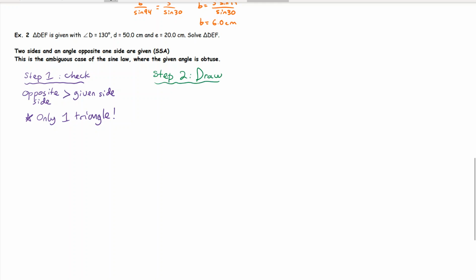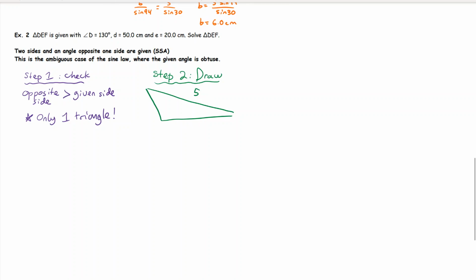So I'm going to draw a triangle. I know it has an obtuse angle. I'm not drawing that very well. Let's try again. So I'm drawing my triangle. I know I have an obtuse angle, and I know my opposite side is 50 centimeters. Whoa.